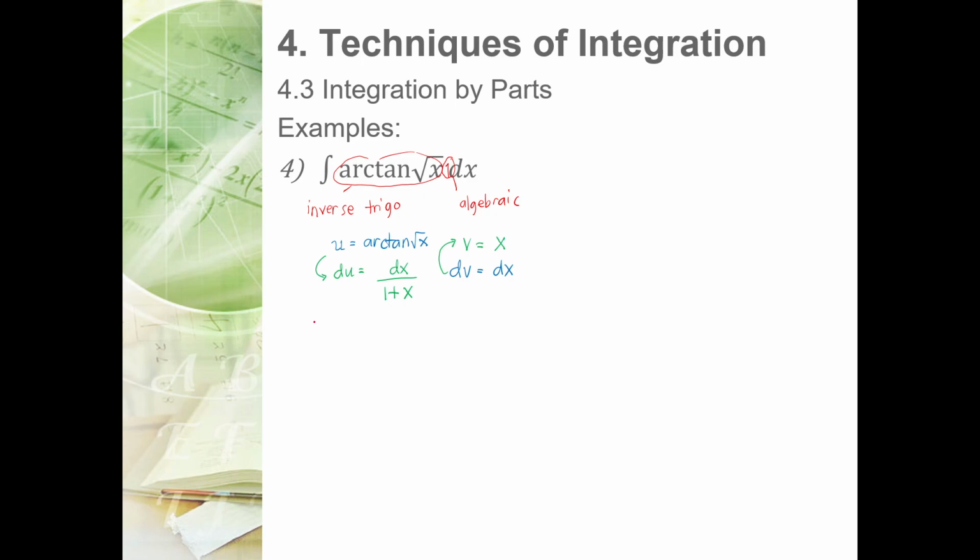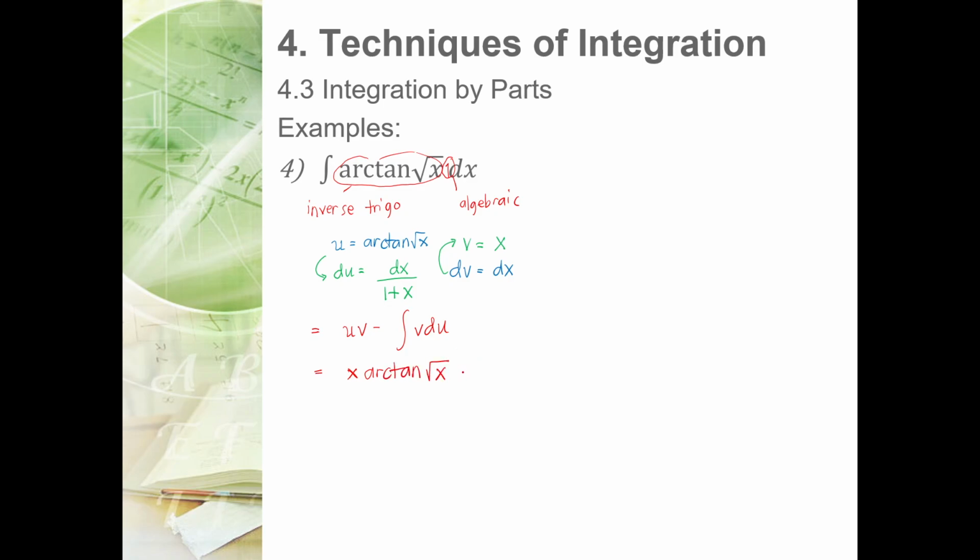Okay, so next we try to use the formula now: uv minus the integral of v du. So uv is x arctangent square root of x.